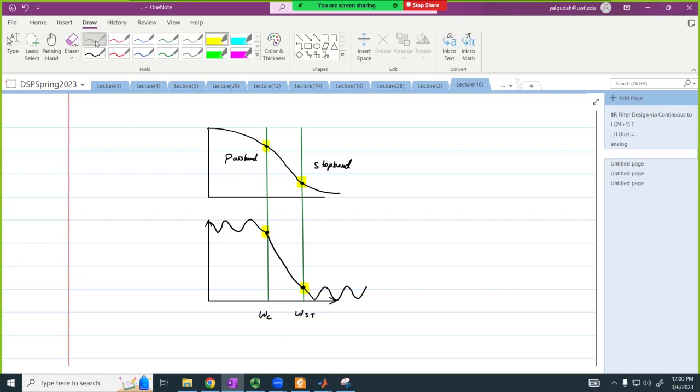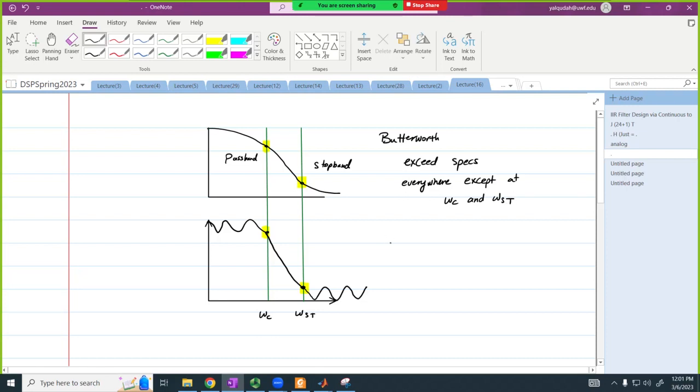So therefore, just right here, the Butterworth exceeds specifications everywhere except at omega cutoff and omega stop.